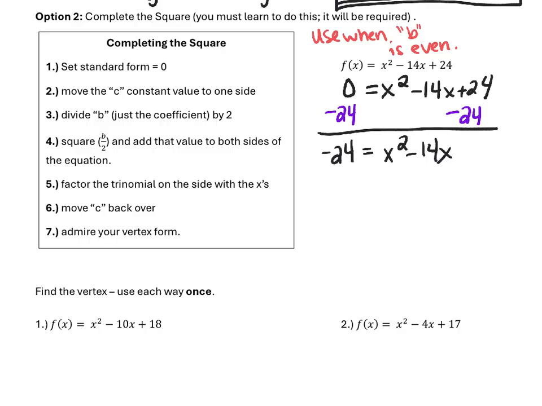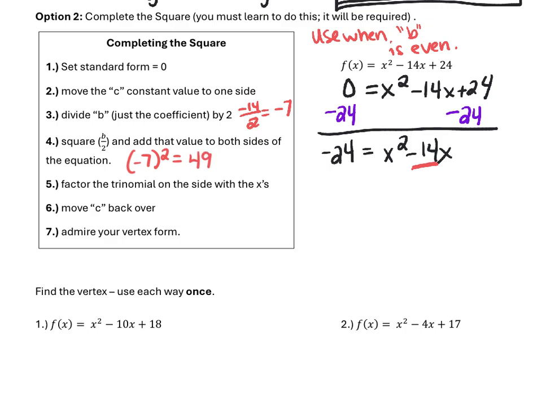Now step 3, we're gonna do this kind of off to the side. We are gonna divide our b value. What's b? Negative 14. We're gonna divide it by 2. Negative 7. And then we will square that value, which is 49.